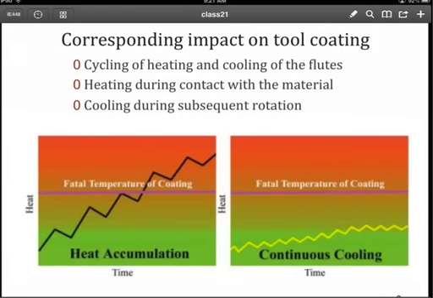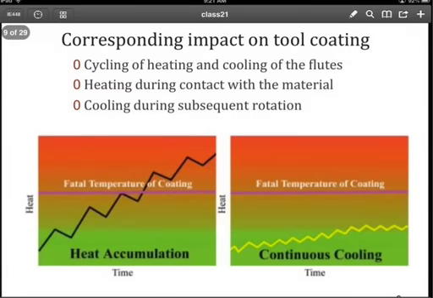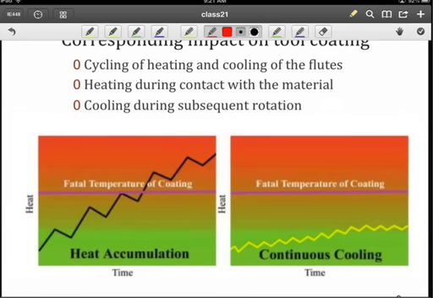The other thing that we haven't mentioned is many tools have coatings on them, and that coating is meant to improve the tool life. If we look at heating and cooling cycles as we're machining, you can see here that cycling will cause some heat accumulation, and if that heat is not reduced, then we're going to get a breakdown in the coating.